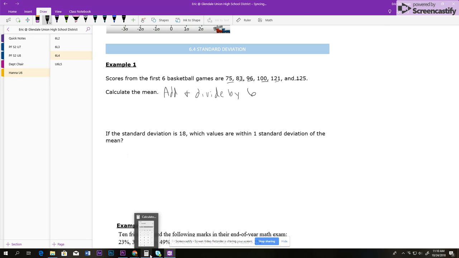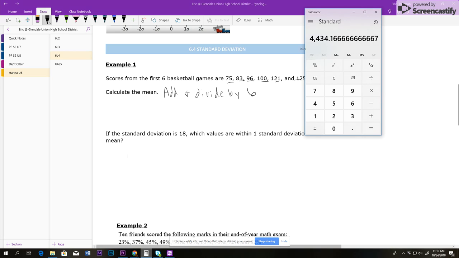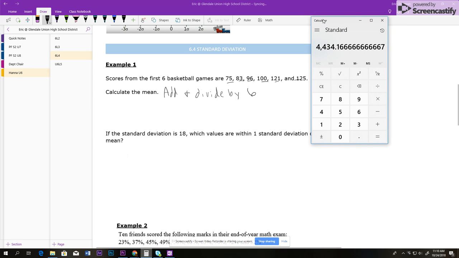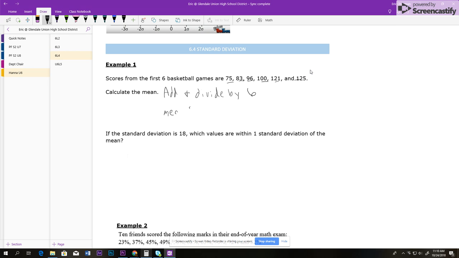From your calculator, 75 plus 83 plus 96 plus 100 plus 121 plus 125 divided by 6. So the mean equals 100.